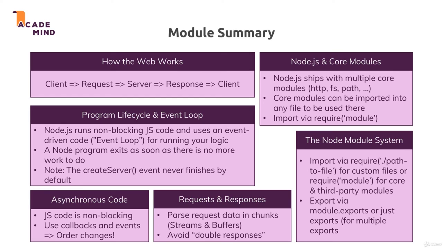And it basically pulls in whatever we export there and stores it in a new variable or constant, as we did it in this module. And export is an important keyword here. We do export with the help of module.exports, or for multiple exports with the exports shortcut I showed you in the last lectures. So this is what we learned in this module.